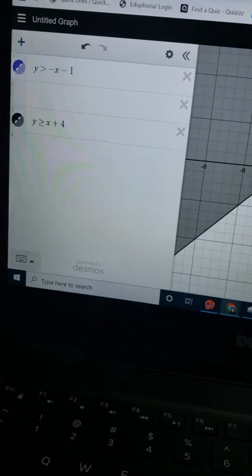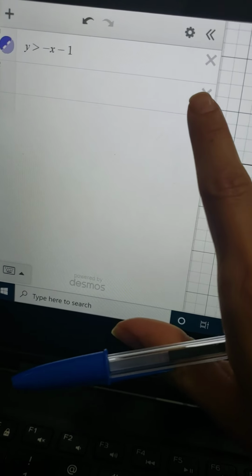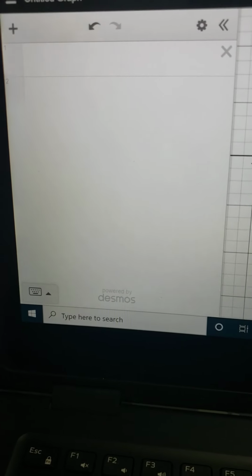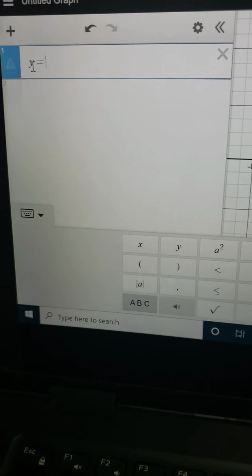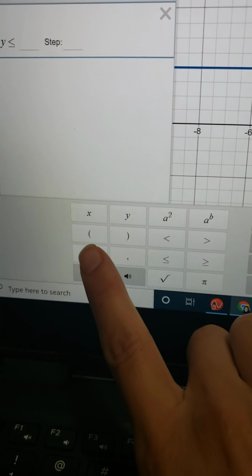All right, let's check our answer. I'm going to go to, let's just get rid of this. So I want to check my answer. Y equals, oops, I'll try it again. Y equals 2, and then the absolute value sign is this one.